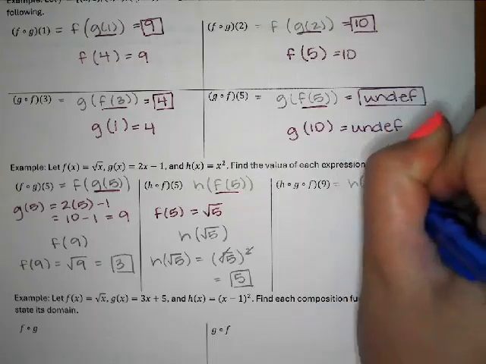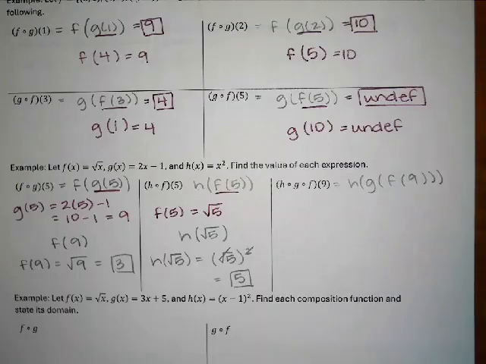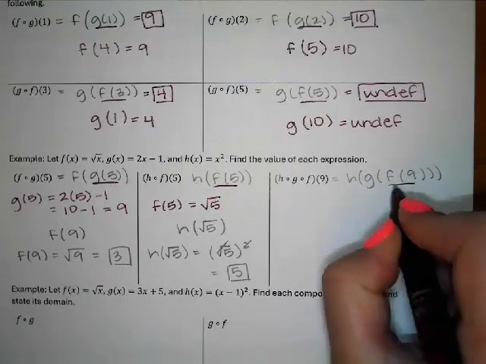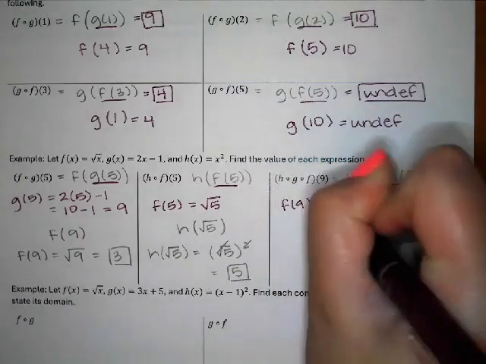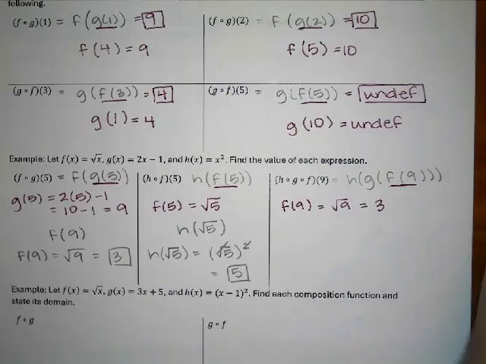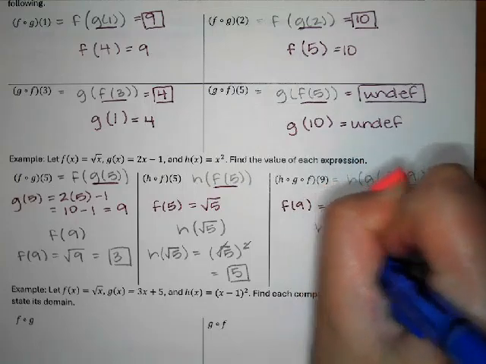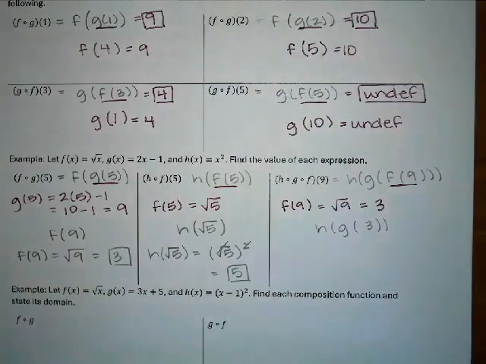Okay, here we have h of g of f of 9. So we're going to start from the inside and work our way out. So first we have f of 9. So the square root of 9 is 3. And so that leaves us with h of g of 3. And then we're going to work on the next piece, which is g of 3.